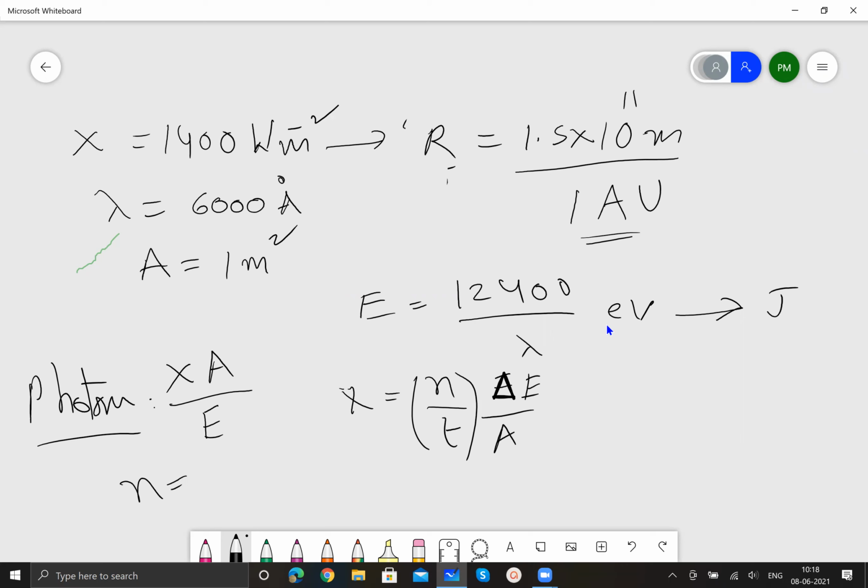And the number of photons is P by E, that is X into A by E.